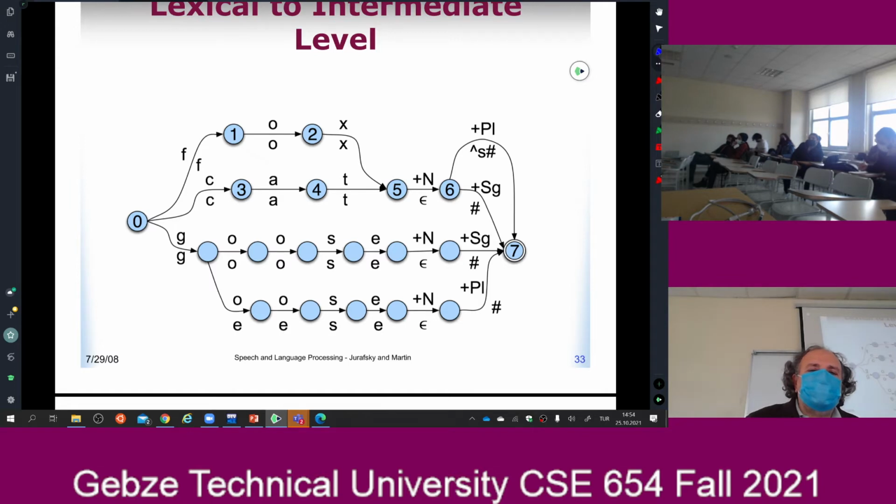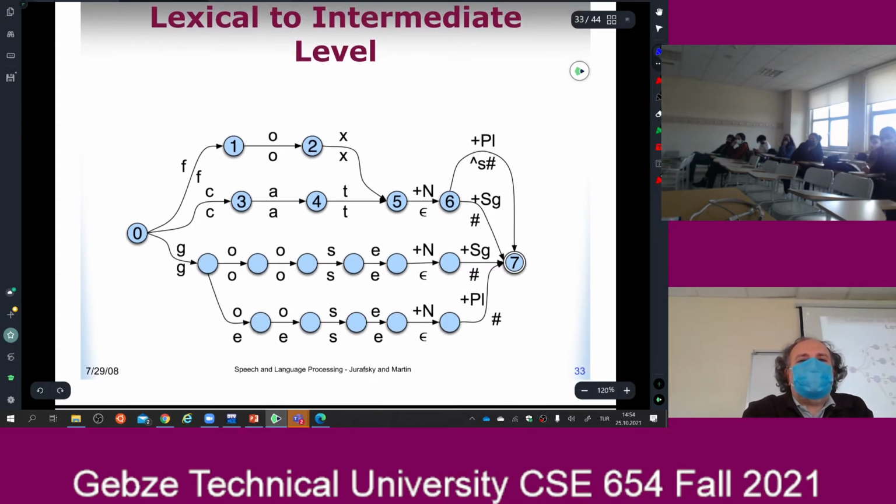So this is the one that doesn't care if I have a fox or cat, because foxes and cats are structured differently. This one works between the lexical and intermediate level. For it, plural means the s suffix, and the s suffix sometimes works with es, sometimes s.